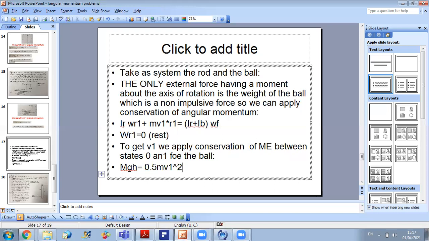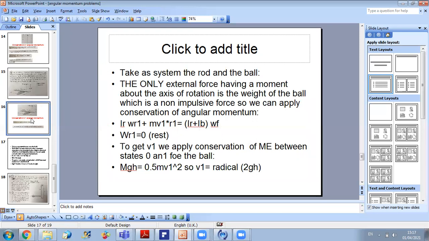So v1 is equal to radical of 2gH. And H is known, it's 1.2 meters, I just have to replace. Now I still have to get the inertia of the rod and the inertia of the ball.